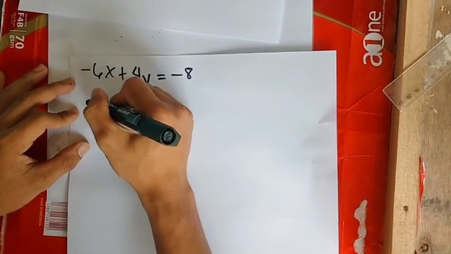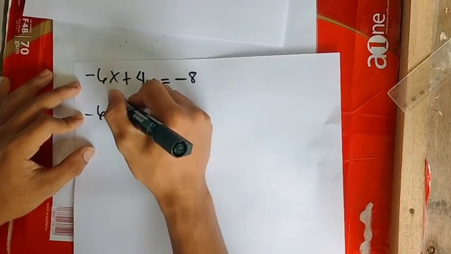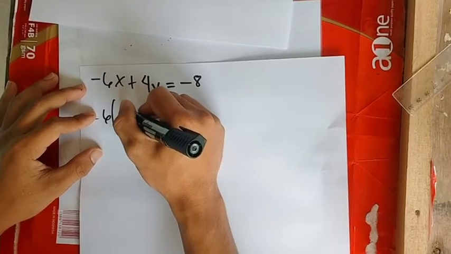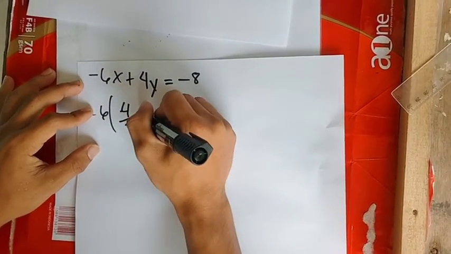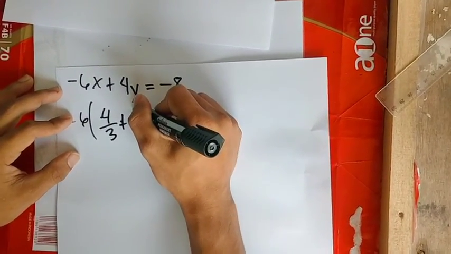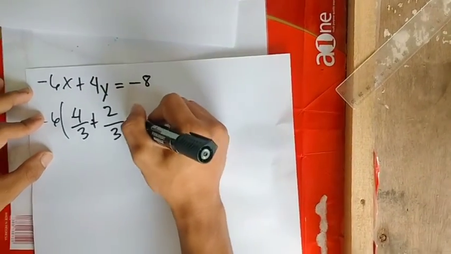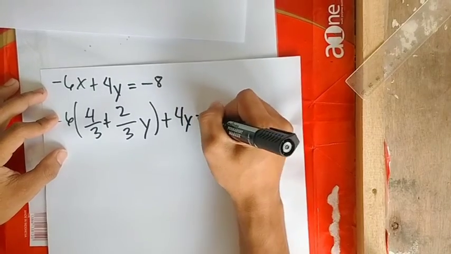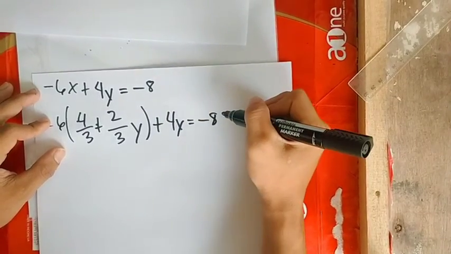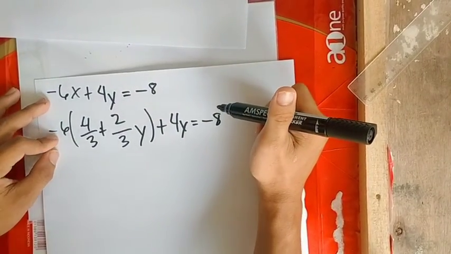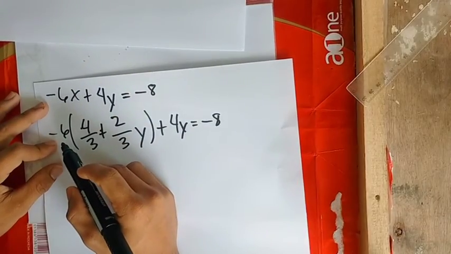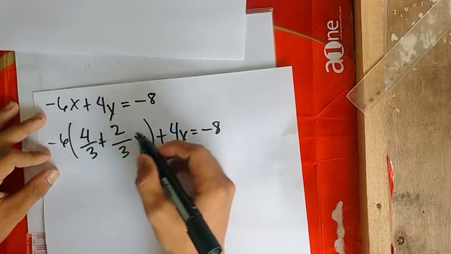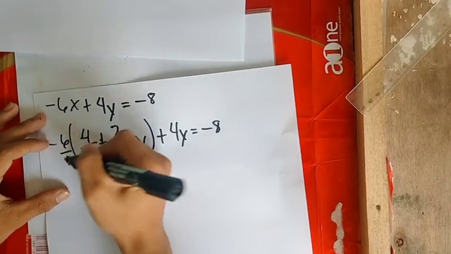Then negative 6 times the value of x, which is 4 over 3 plus 2 over 3y, then plus 4y is equal to negative 8. So always remember that there is an invisible denominator 1.